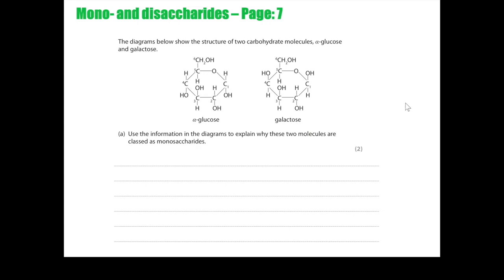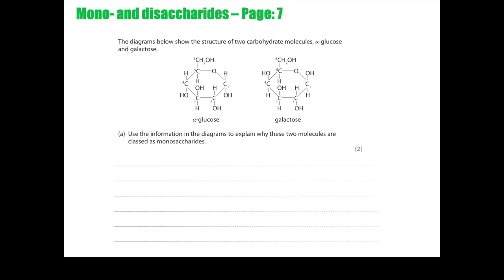So here's an exam question. This is taken from my past paper book. It's about a comparison between alpha glucose and galactose. It said, use the information in the diagram to explain why these 2 molecules are classed as monosaccharides. So what makes those in the picture monosaccharides?